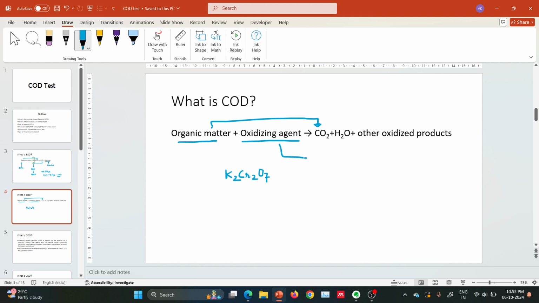This oxidizing agent, Cr6+, will be reduced to Cr3+, that is called the chromate ion.